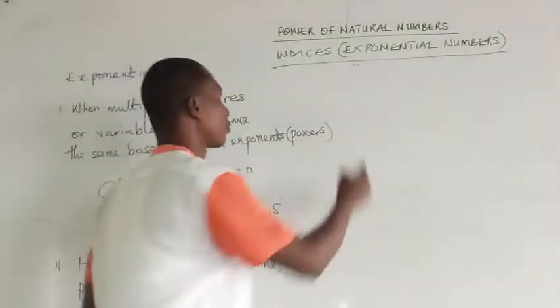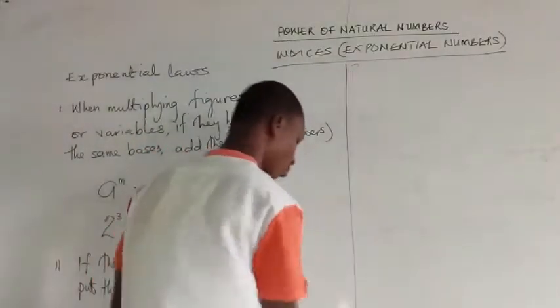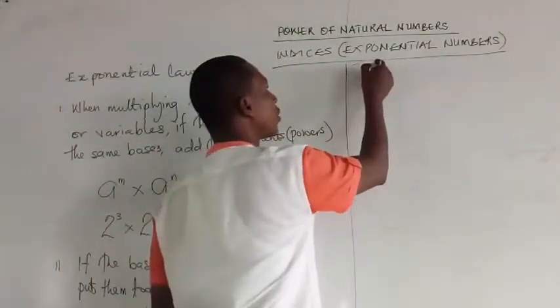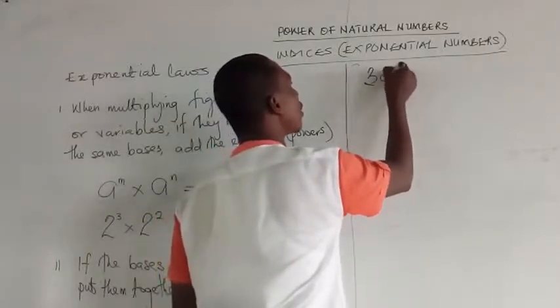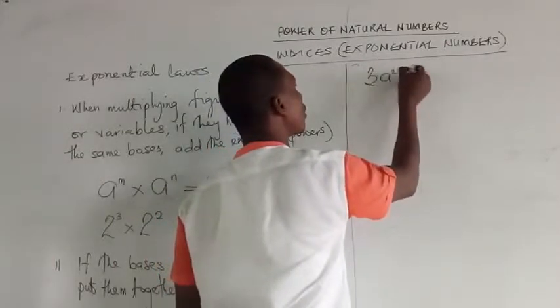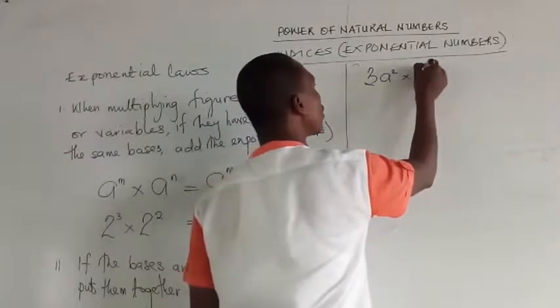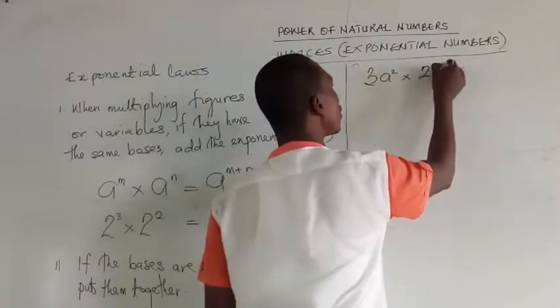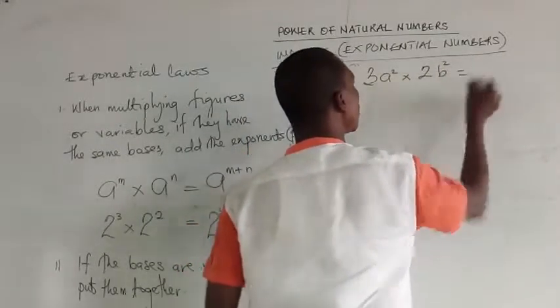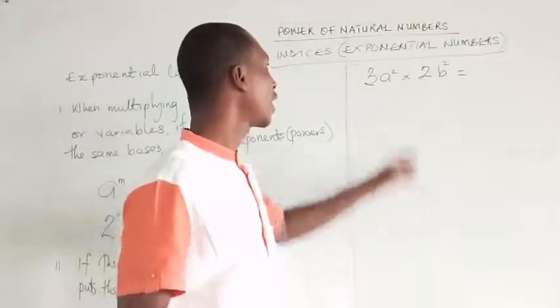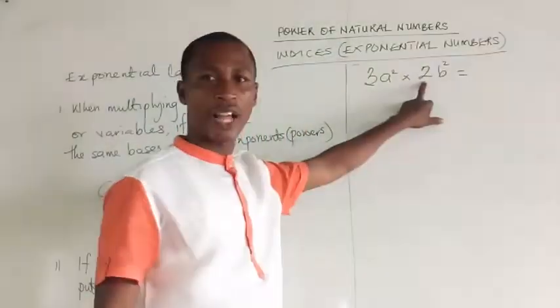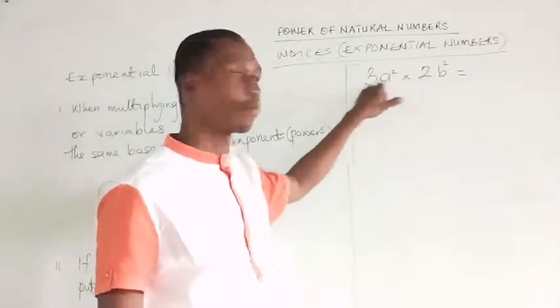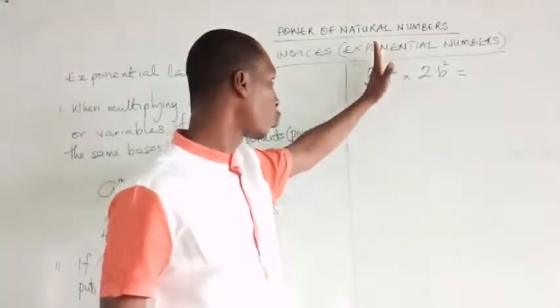For instance, now look at it. We can clearly see that this is 3, this is 2. They are numbers. We can easily multiply them.